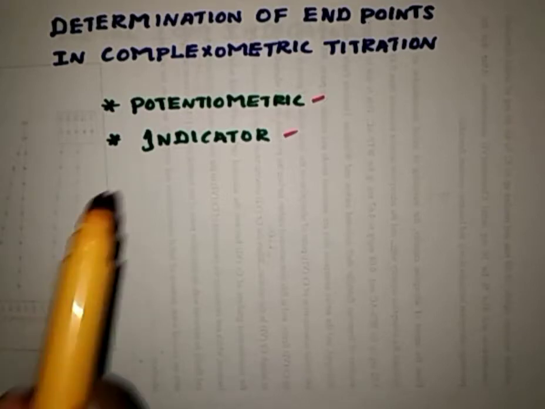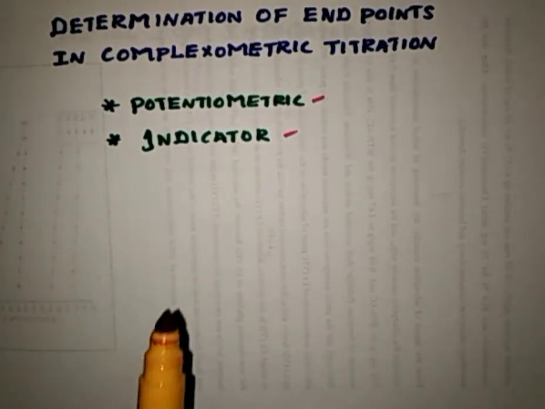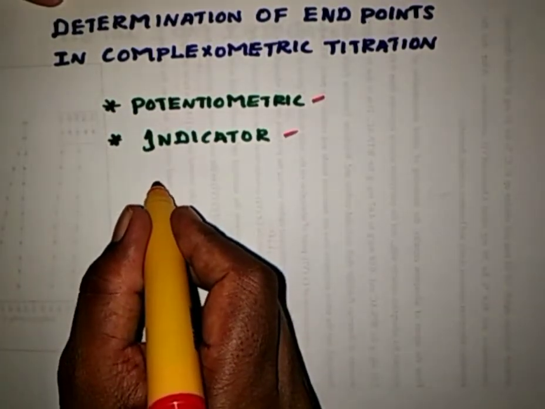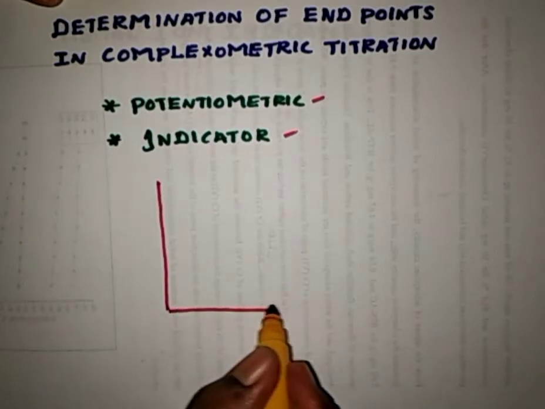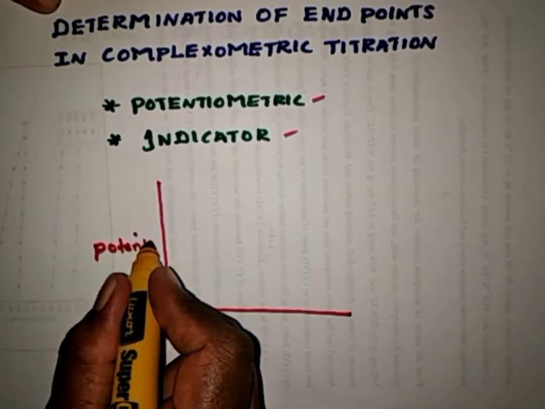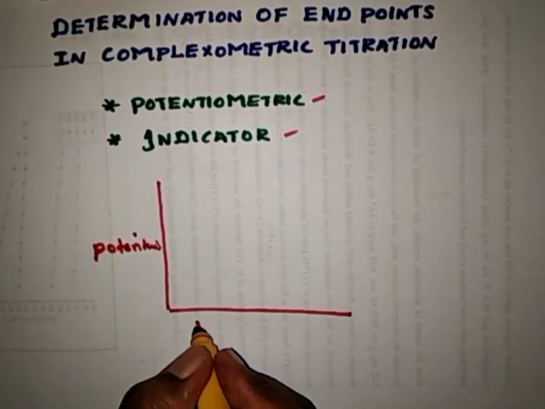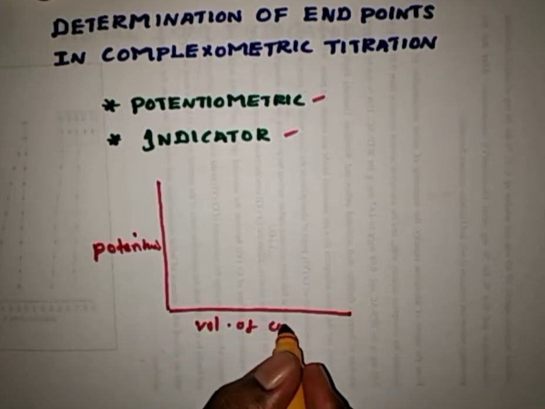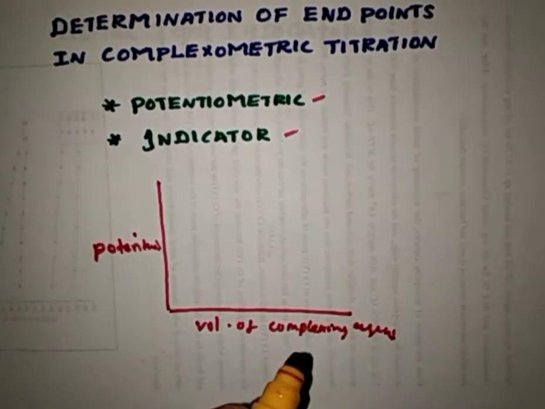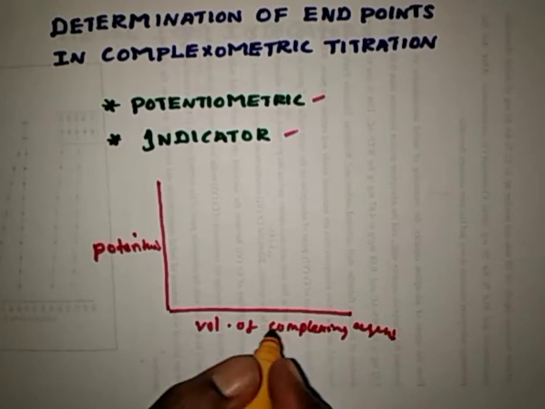In the potentiometric method, the potential of the solution to be titrated is plotted against the volume of the standard complexing agent.